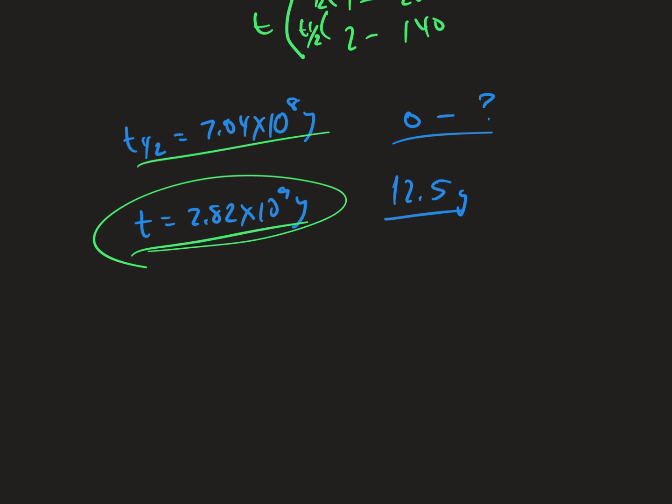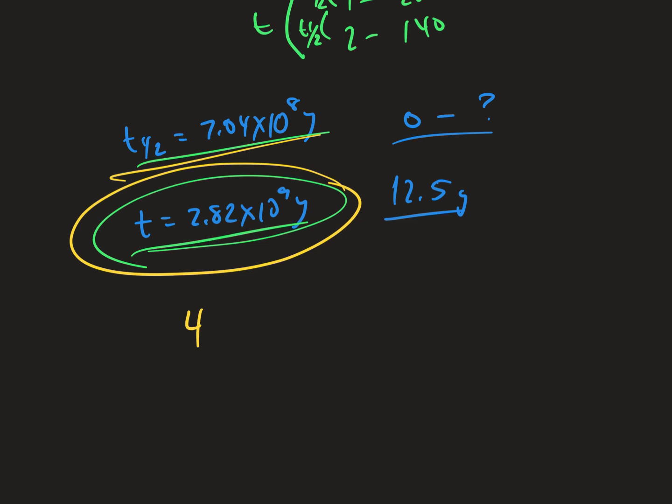It's 0.25. Did you do this number divided by this number? I did the opposite. Yeah. Big number divided by small number is going to give you bigger than 1. Well, these are both big numbers, but that's 4. 4 half-lives. Okay?